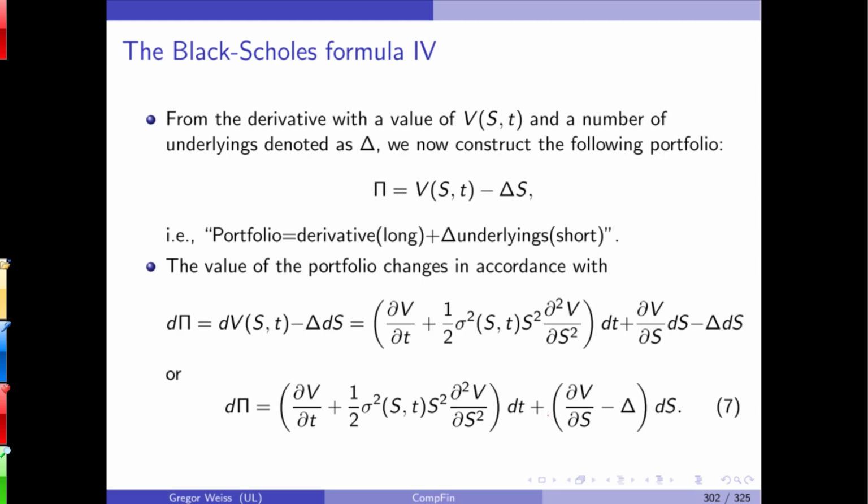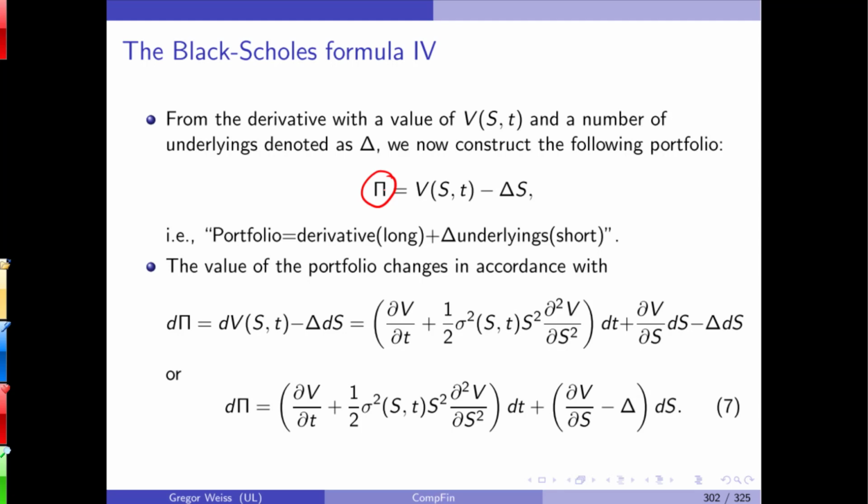So let's make the special case example: one option and delta stocks. As you can see, the portfolio is constructed by going long in the derivative and going short in the underlyings. We are buying the option, we are selling short the stocks. One option, delta stocks. Okay.